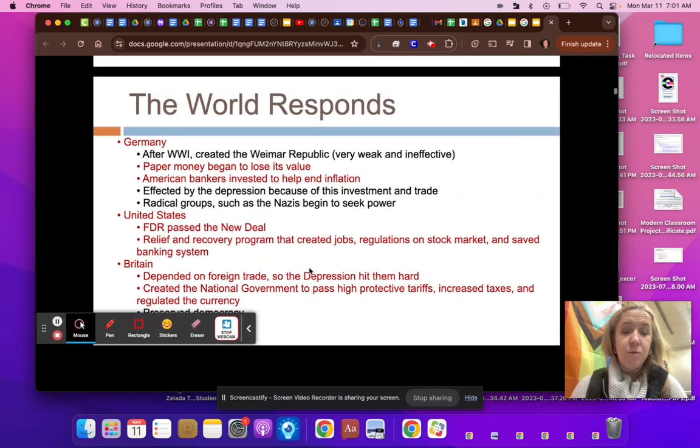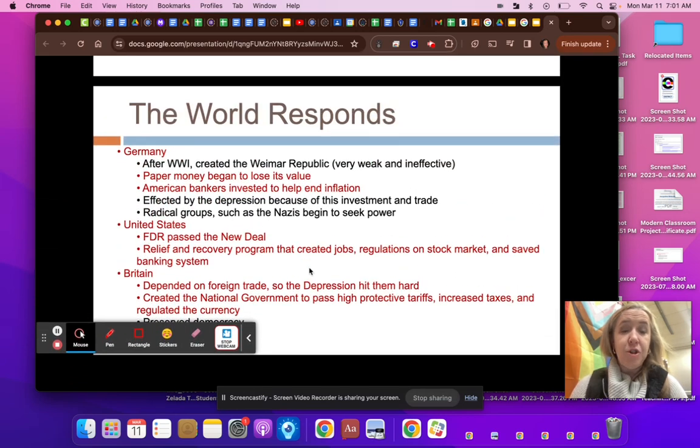So, how does the world respond to all of this? In Germany, after World War One, the German Empire collapses. So they create the Weimar Republic, very weak and ineffective. Paper money quickly begins to lose its value. If you took World War One or world history, you used to be able to see people trying to purchase a loaf of bread with a wheelbarrow full of paper money because it just had no value.